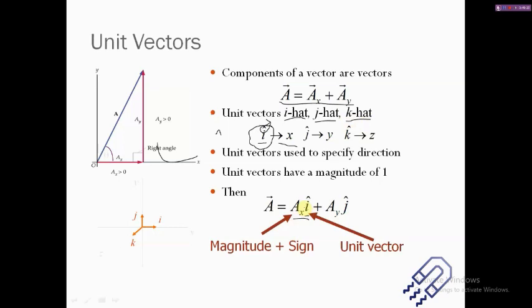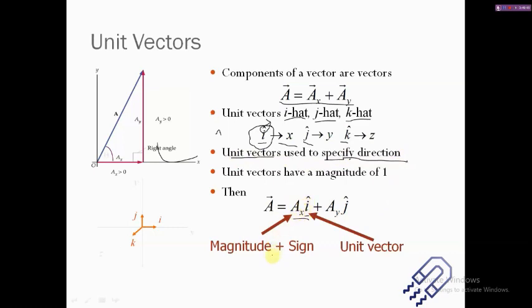Clear? Similarly, j will represent the y direction and k will represent the z direction. Okay. So these unit vectors are always used to specify the direction, nothing else. So you can simply write it as Ax bar, or you can simply write it as Ax.